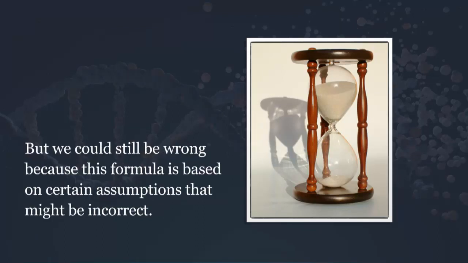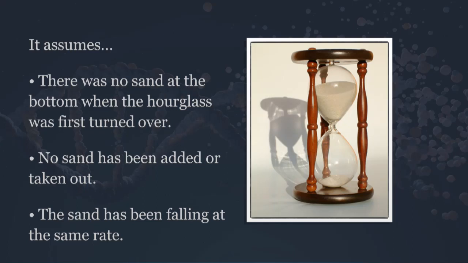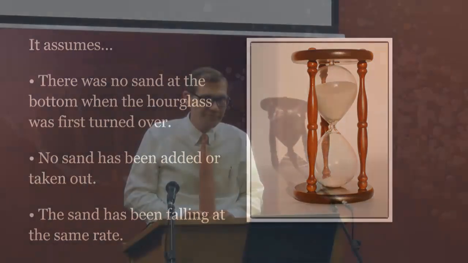But we could still be wrong because this formula is based on certain assumptions that might be incorrect. It assumes three things. First off, there was no sand at the bottom of the hourglass when it was first turned over. Have you seen an hourglass? You know what we're talking about with those things, and you can flip them over.